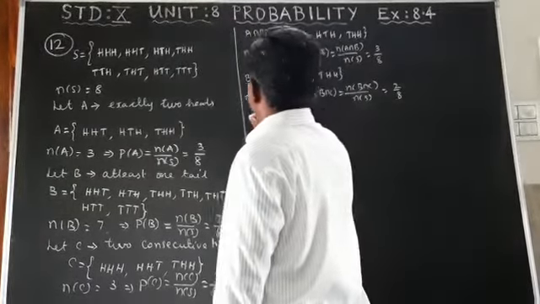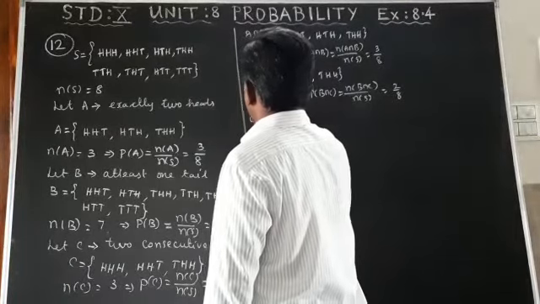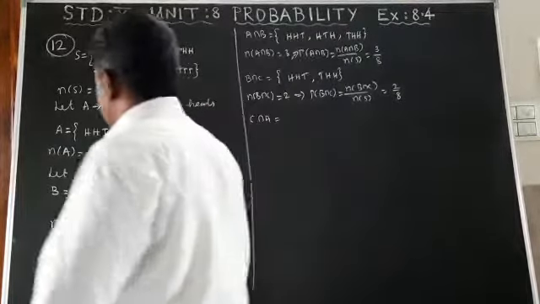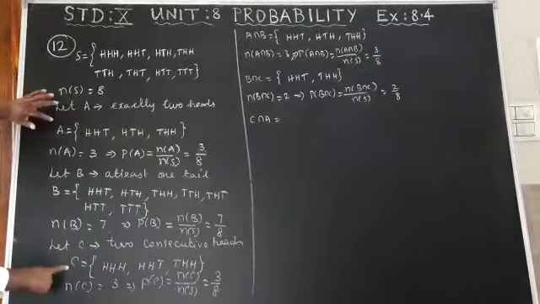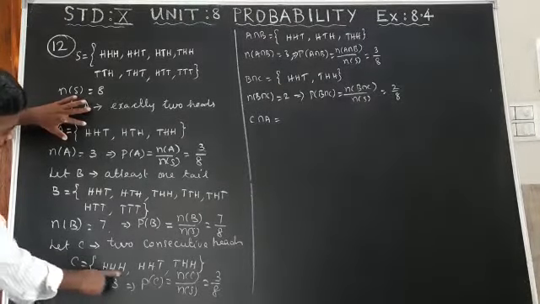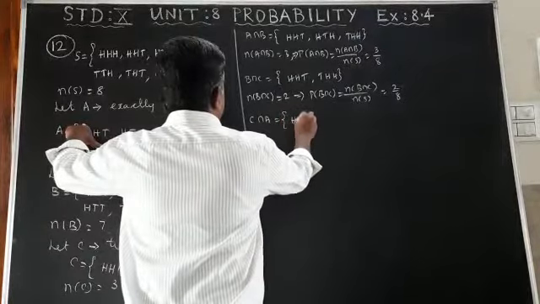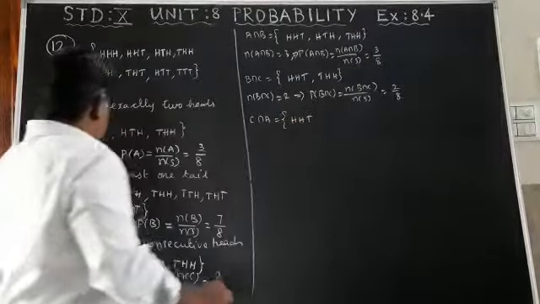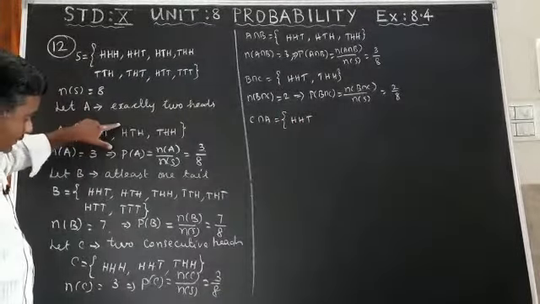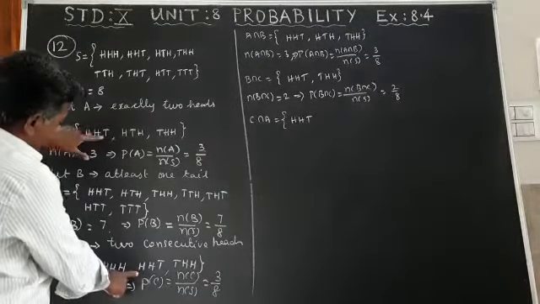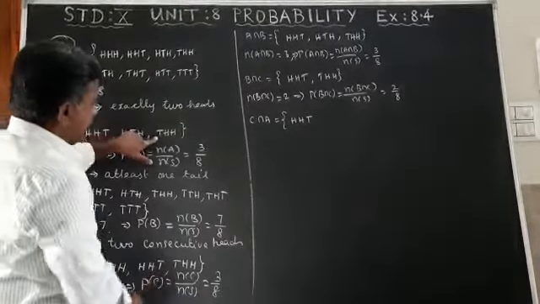Now find C intersection A, the common elements between C and A. HHT is common, and THH.